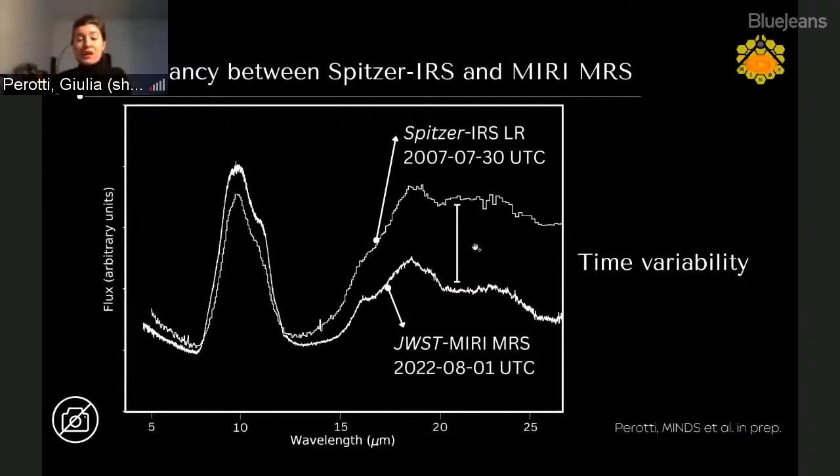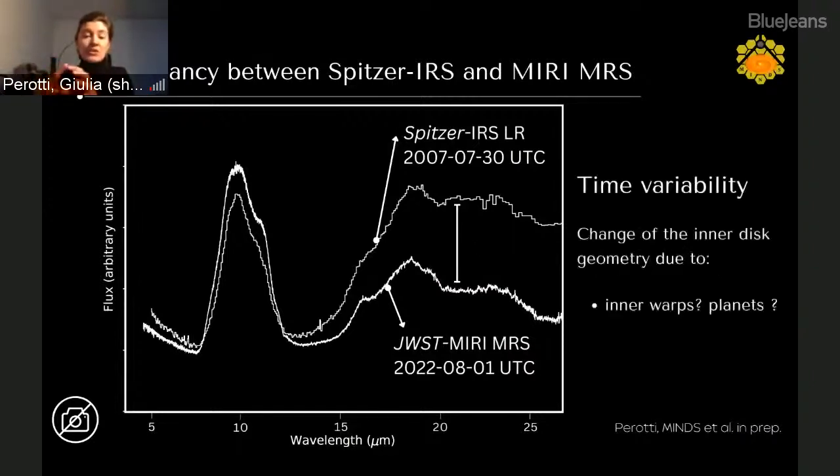So this is time variability, probably due to a change of the inner disk geometry, in particular due to inner warps created by planets in the system that are increasing the size of the inner disk edge, therefore shadowing the outer disk, which results in this offset.